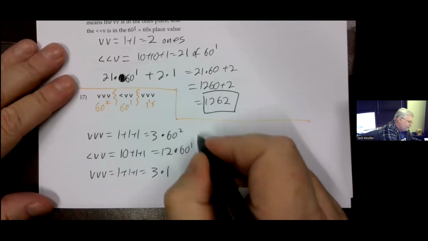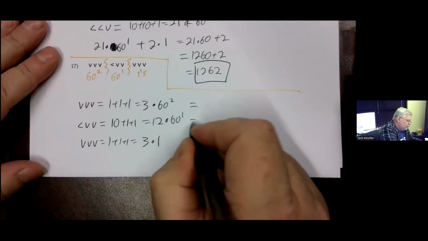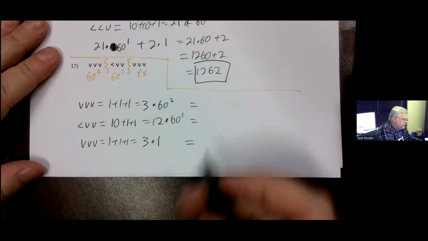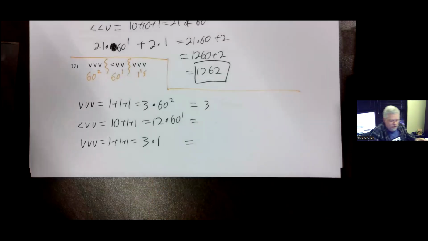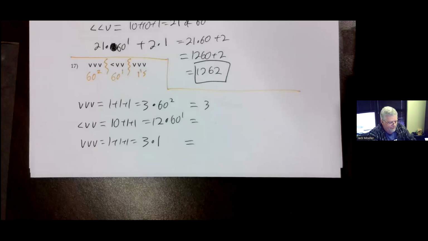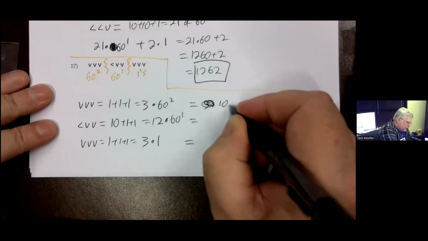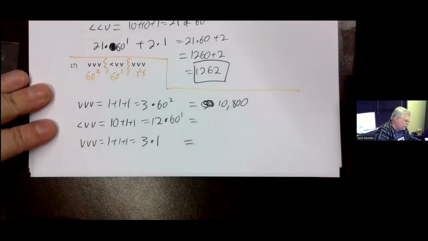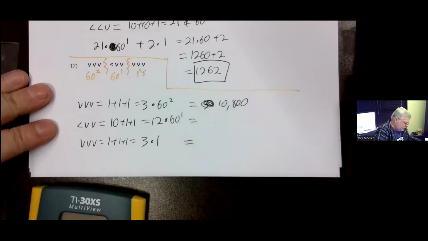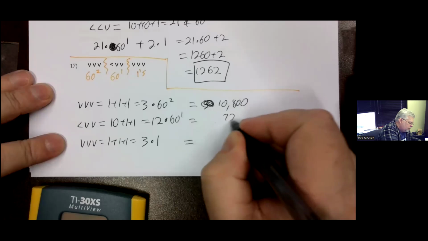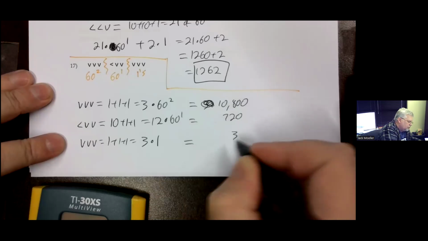All right, now let's finish this problem. We want the actual number in our number system. So now 3 times 60 squared. And I just did the whole number at once. So 10,800. 12 times 60 is 720. And then 3 times 1 is 3.